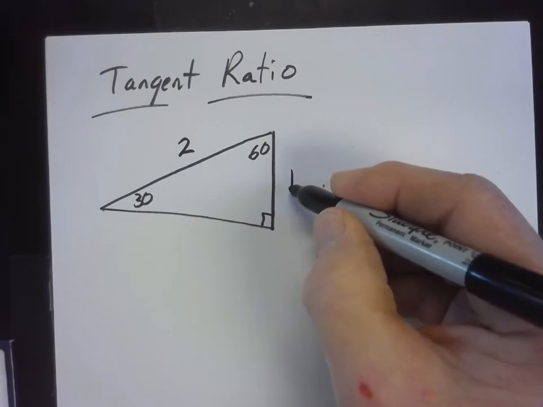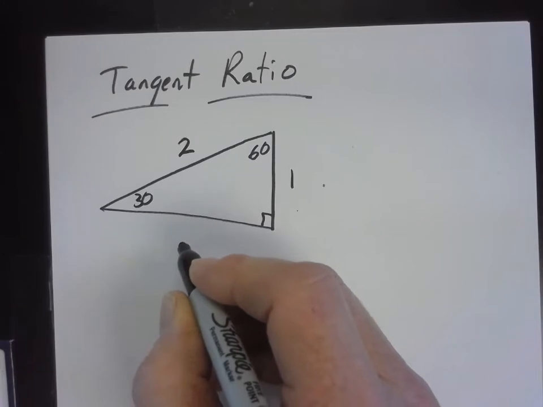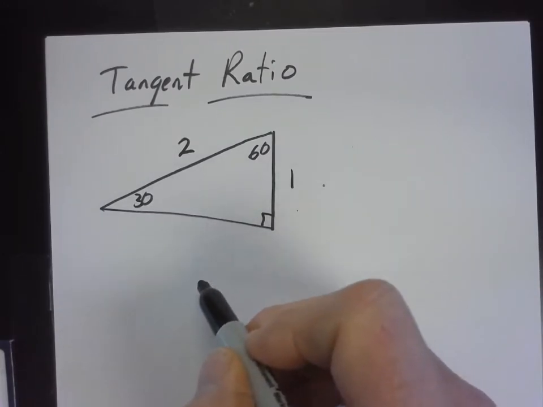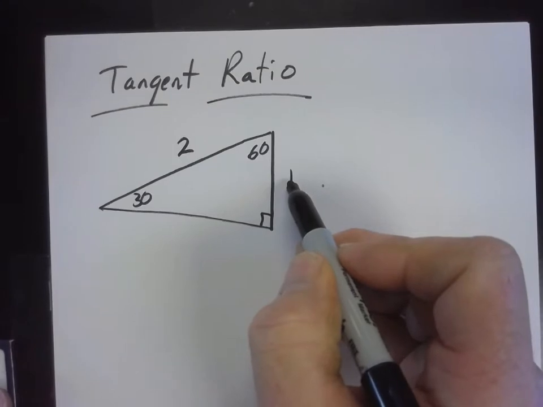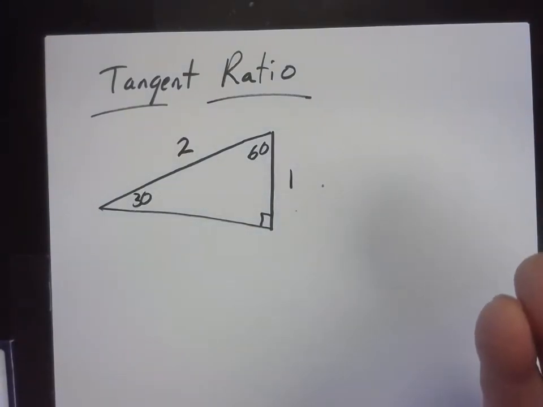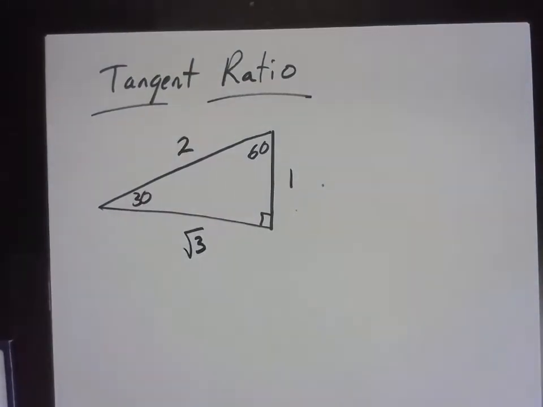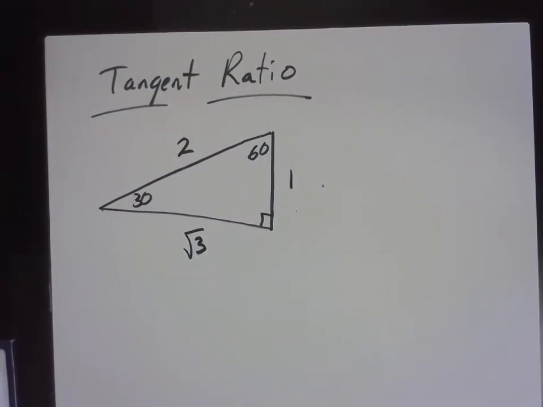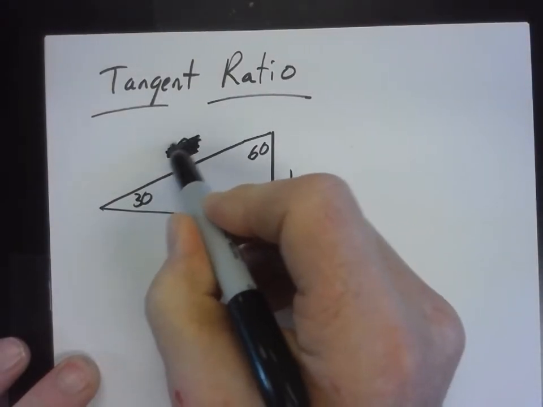And then the long leg was always radical 3 times whatever the short leg is. So in this case, what's 1 times radical 3? It's just radical 3, isn't it? Radical 2 is the 45, 45, 90. So we don't really care about this one today. We're just going to talk about the tangent ratio.